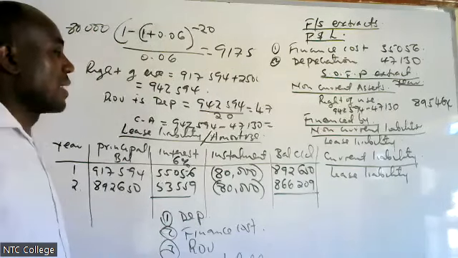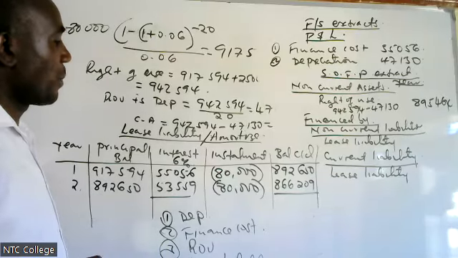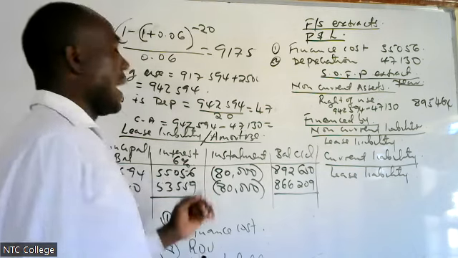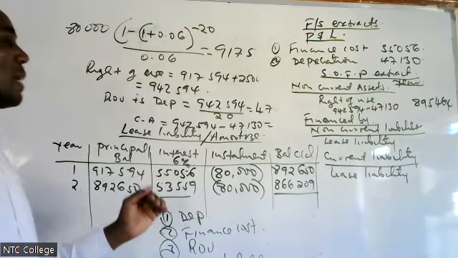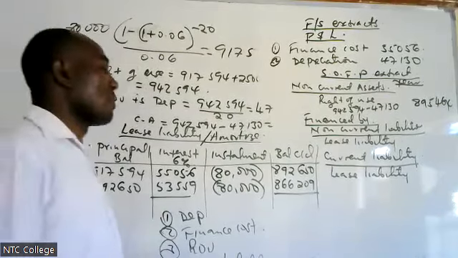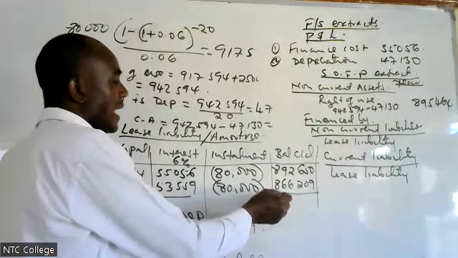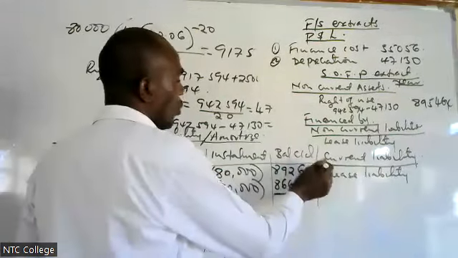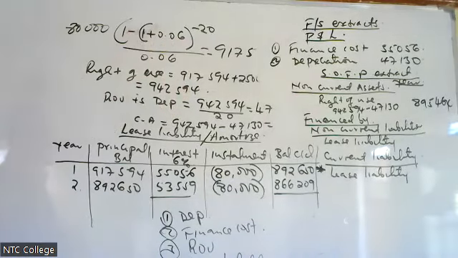Under IFRS 16 leases, when we are preparing the amortization schedule and the payment is made in arrears, what does it mean? The examiner has asked you year one. Listen very carefully.